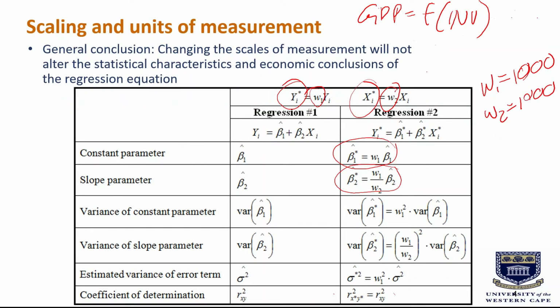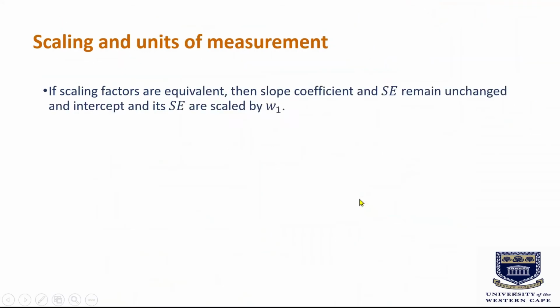That should be sort of obvious, and it is in fact the case in the example here where both W1 and W2 are 1,000, because the ratio W1 to W2 must be 1 if W1 equals W2. So in that case, the slope parameter won't change. Beta 2 hat star will equal beta 2 hat. And similarly, the standard error for beta 2 hat star will equal the standard error for beta 2 hat. However, beta 1 hat star will equal W1 times beta 1 hat, and that's what this first point on this slide is getting at.